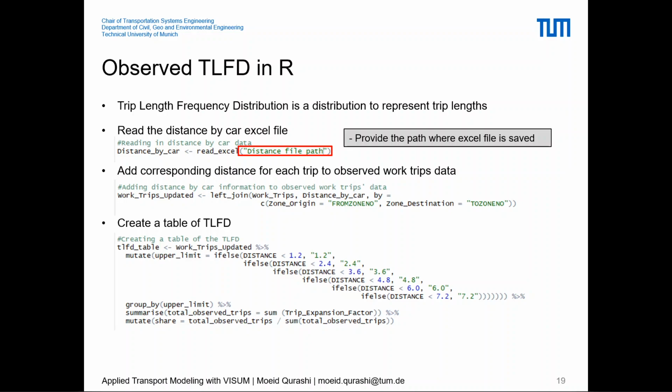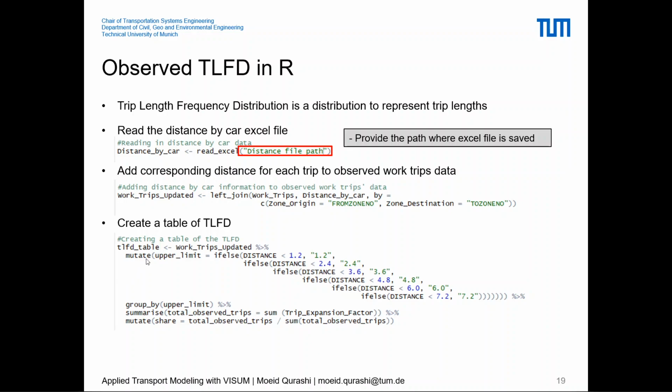Yeah. And to create this histogram, we are also using again the piping function. If you remember, this is the piping function, the percentage greater than sign and then the percentage. And basically we are working on this work trips updated. So first we use a function called mutate.